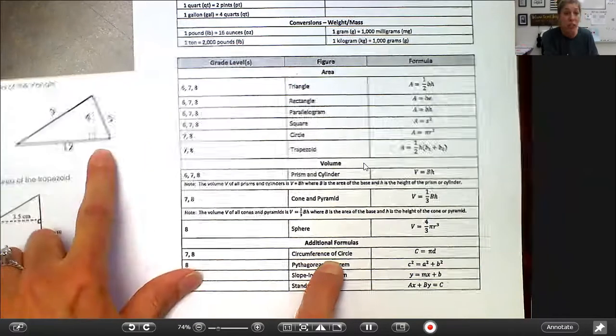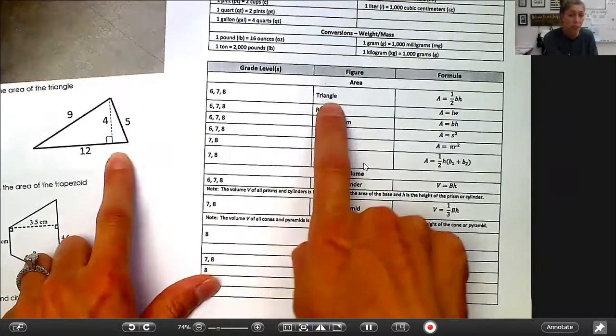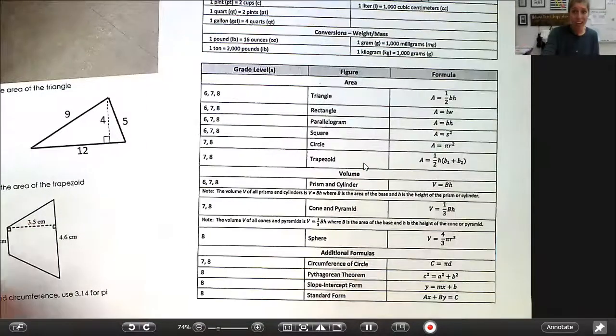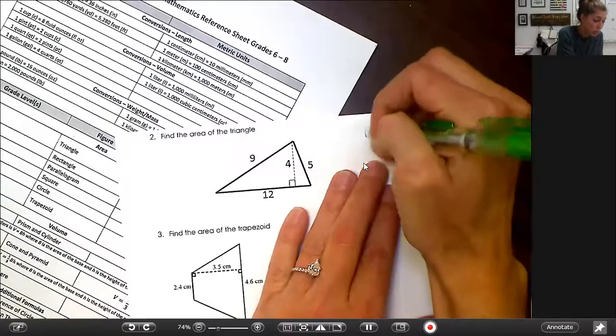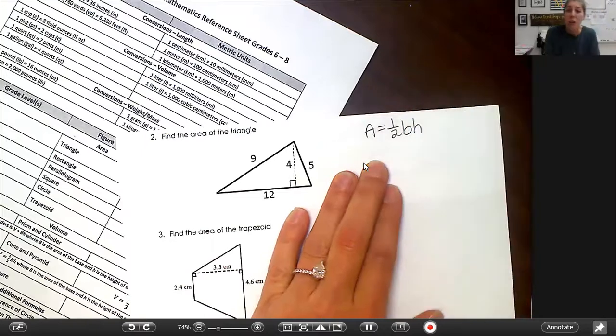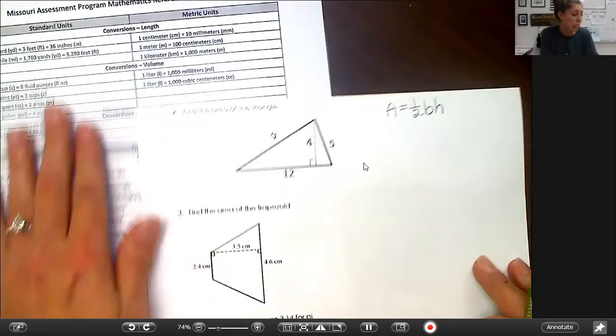So anyways, my question is about a triangle. On area of a triangle, this is my formula: A equals half BH. With that said, you really should, from writing the formula down, know what those letters represent.